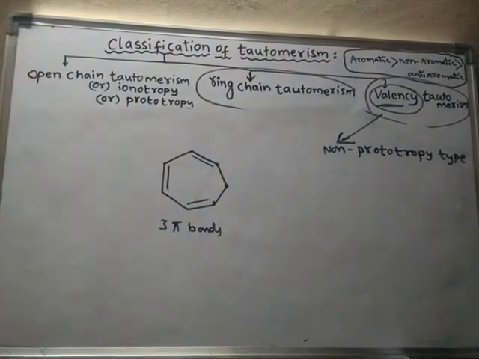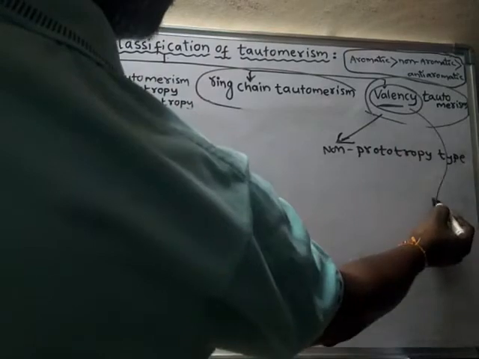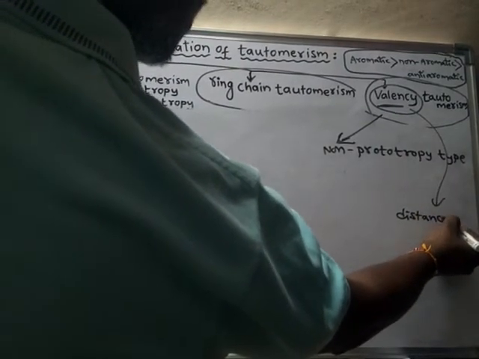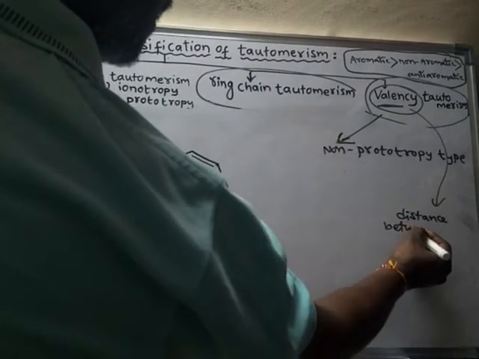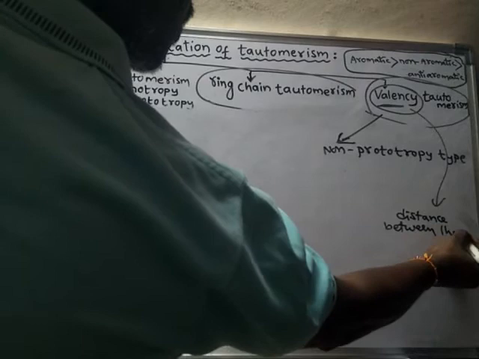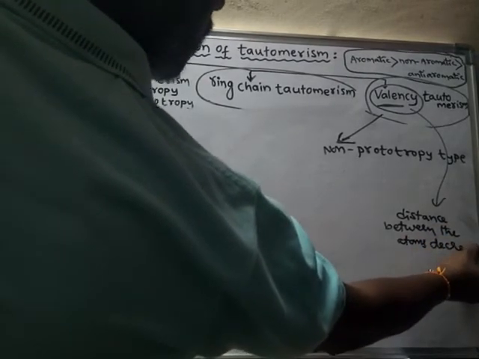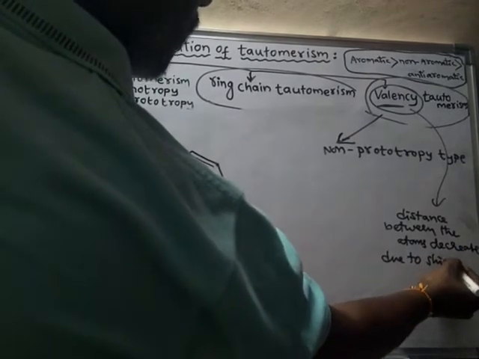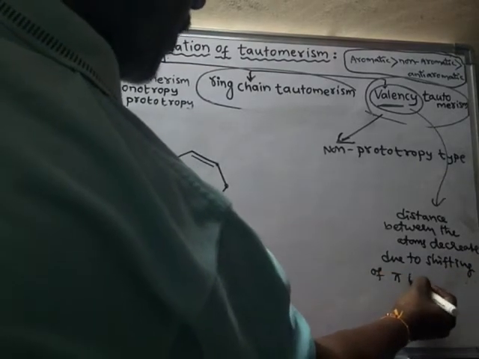Look here. What happens during this type of tautomerism? The distance between the atoms decreases due to shifting of pi bonds.